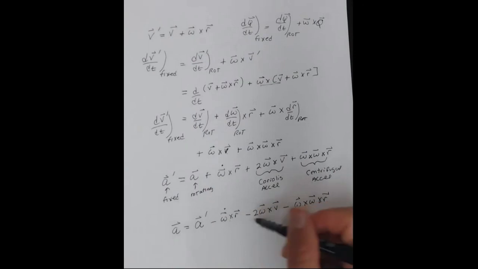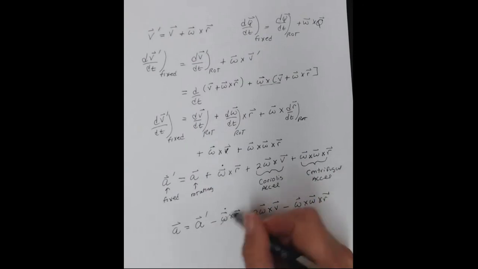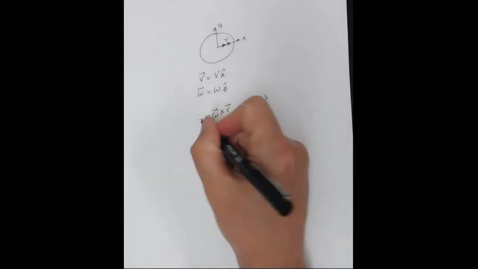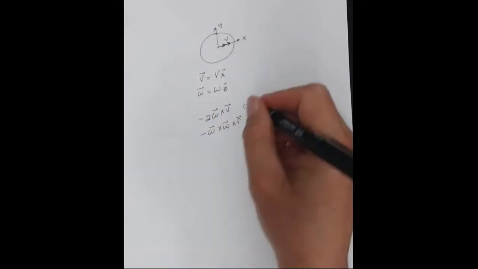So these are fictional accelerations. We said the first one's 0. It's not always 0, it's 0 for our case here. So we really need to find these as seen from the rotating frame.